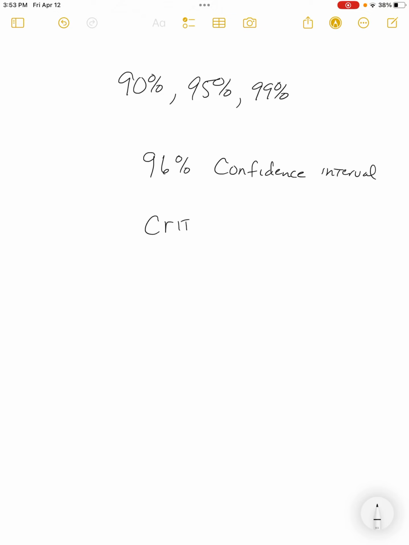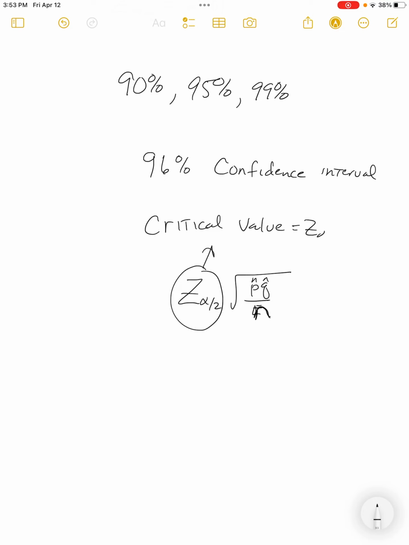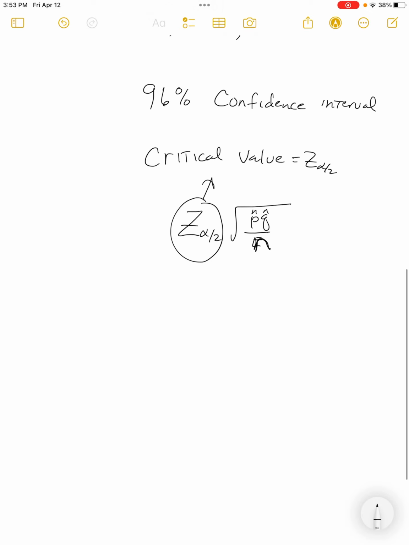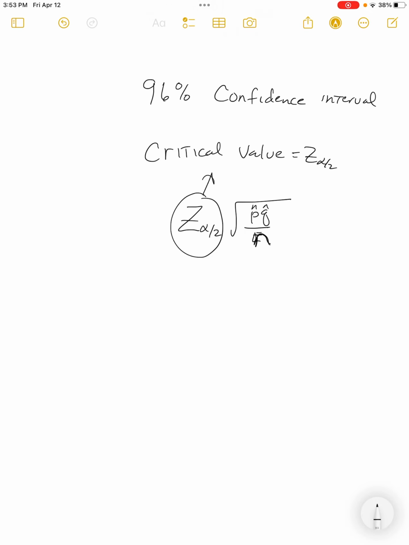If the question was, what's the critical value? Or if you need to go into the formula, z alpha over 2 times the square root of p hat q hat all over E, all over n. Sorry about that. We're referring, the critical value is that z alpha over 2 value. So if you're ever needing to find that because they give you a non-standard one, you have to follow the steps exactly. So remember what the steps were.